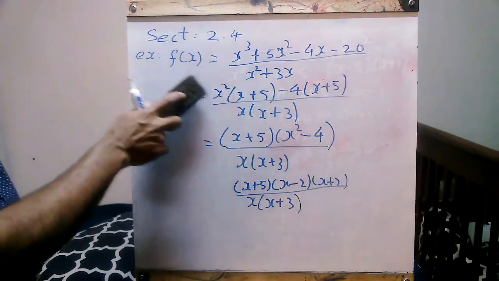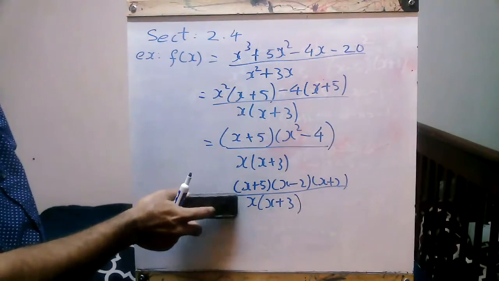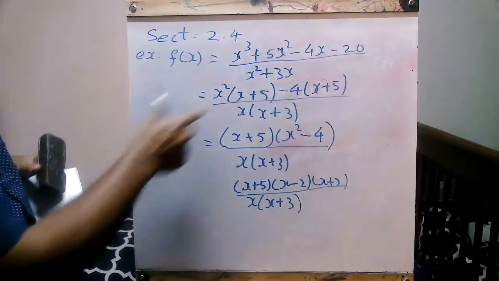Now I'm gonna erase this step and write this factored form up here.